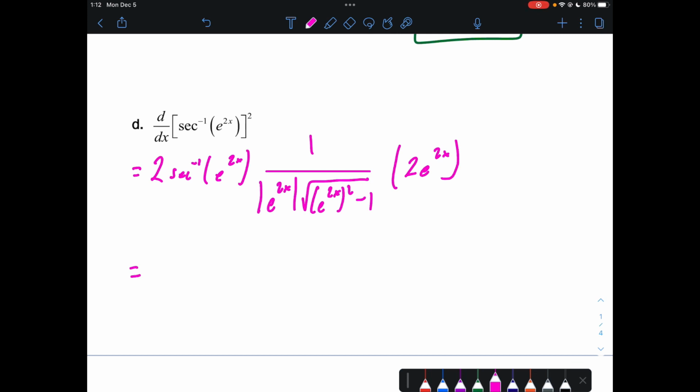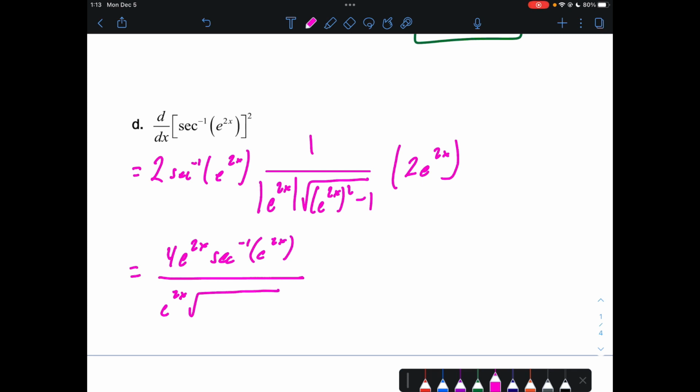Before I clean it up a little bit, we can get 4e to the 2x secant inverse e to the 2x over absolute value of e to the 2x, which is always going to end up being a positive number anyway, so we can drop the absolute values.